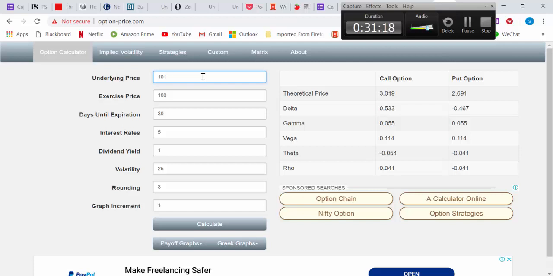Just give me an estimate. If I change the underlying, that means the spot price, I change the spot price by $1. What happens to the price of the call option? It would increase by more than $1. What makes you think that?